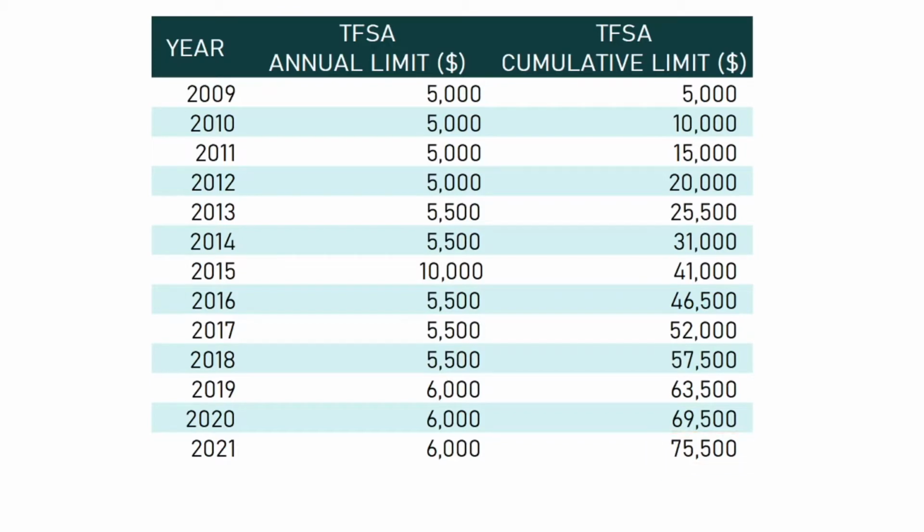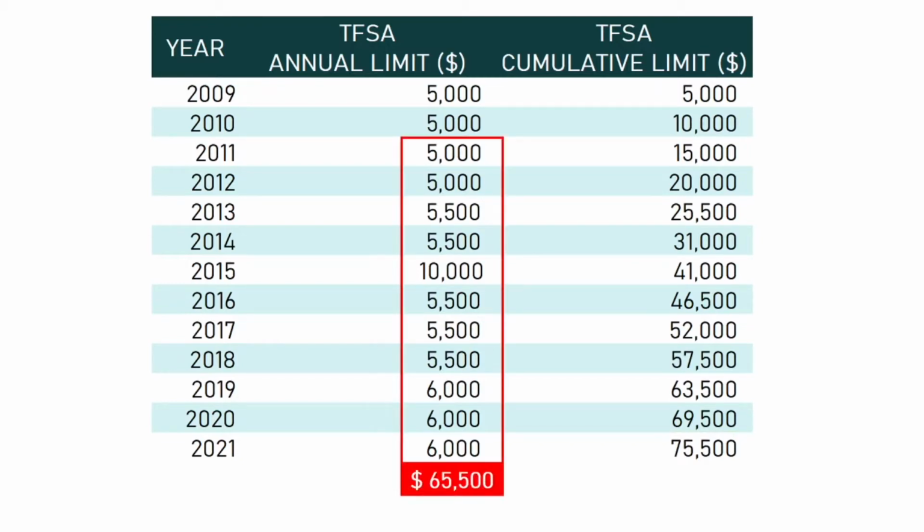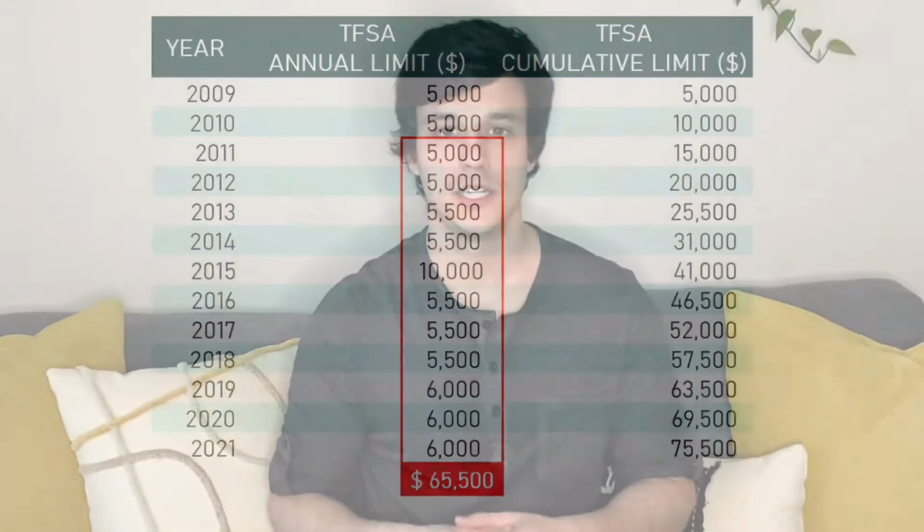Now, let's take myself as an example. I turned 18 in 2011, so my total contribution room is actually 65,500 because I lost the first 2 years of contributions. One interesting fact is, even though I turned 18 in 2011, I didn't move to Canada until 2018.